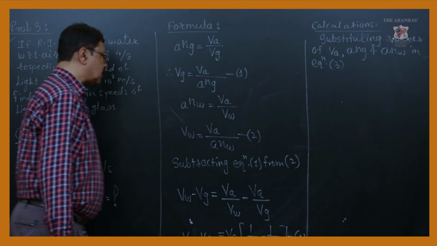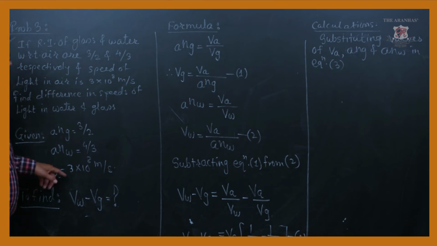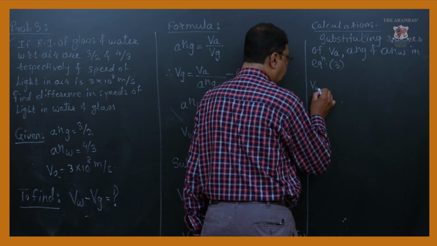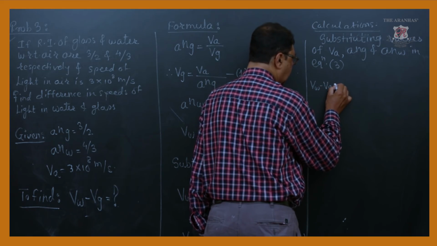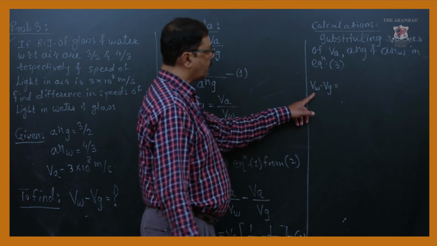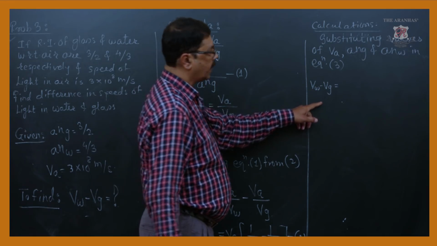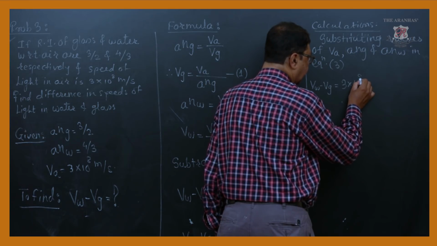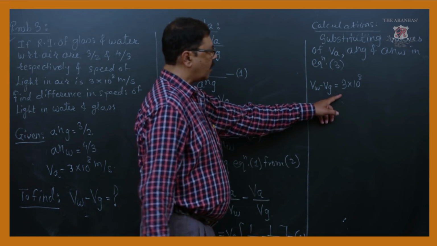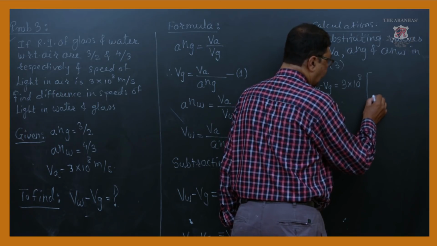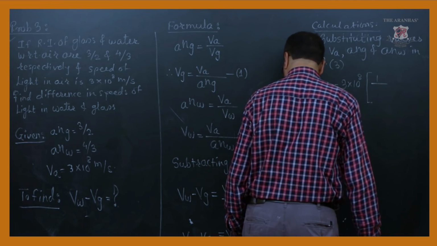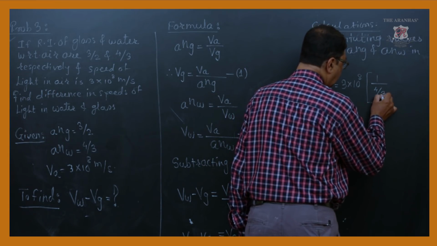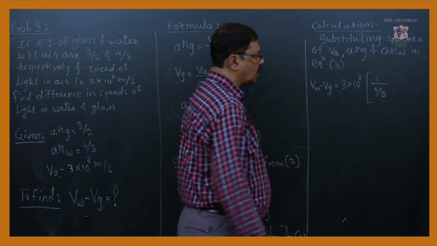I am going to put these 3 values in equation number 3. Therefore, I get Vw minus Vg, that is speed of light in water minus speed of light in glass, equal to 3 into 10 raised to 8. This is the value of Va, into bracket 1 upon what is anw? 4 by 3. What is ang?